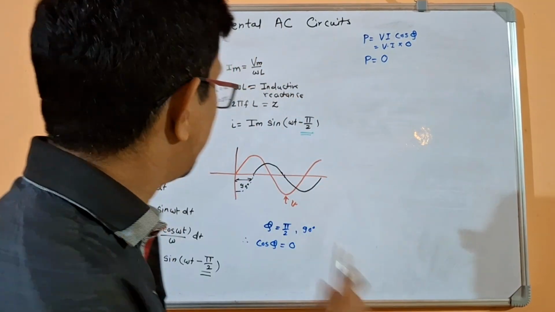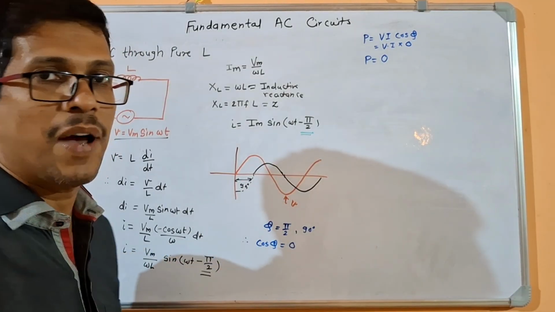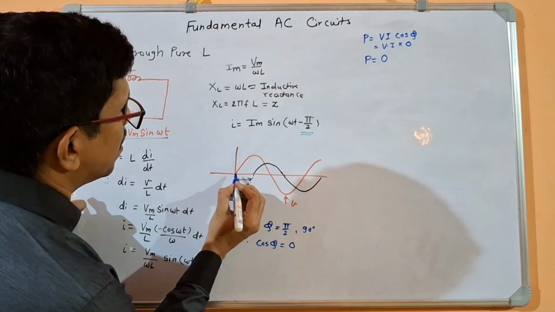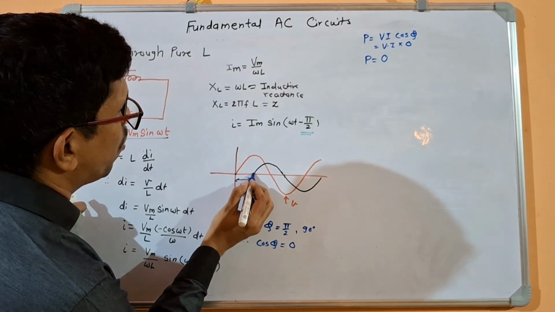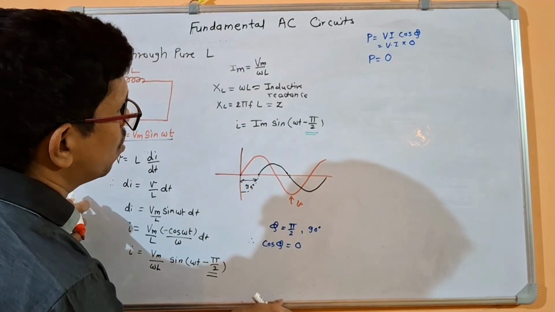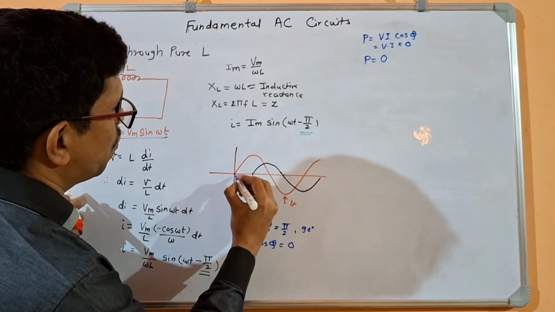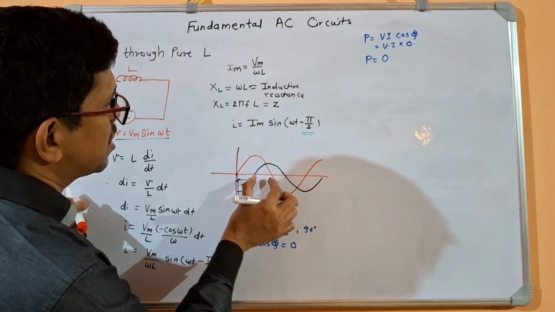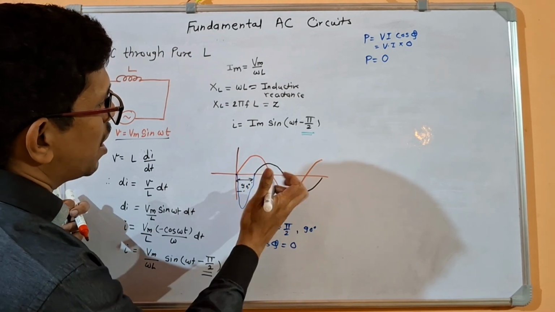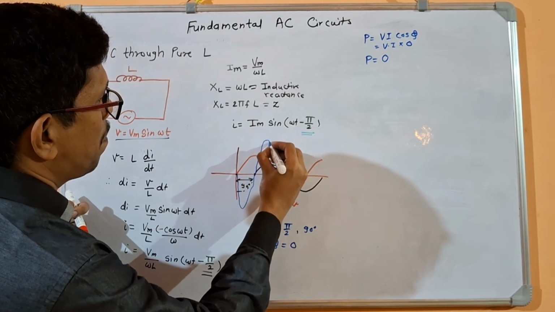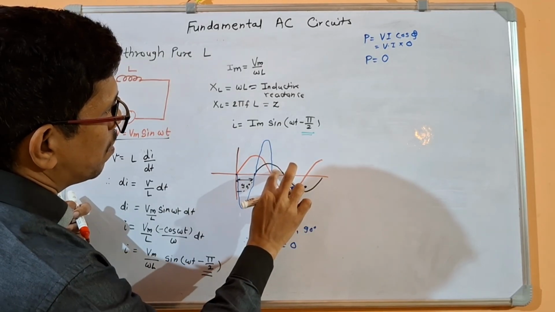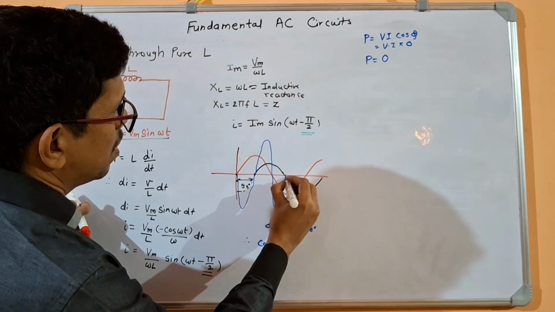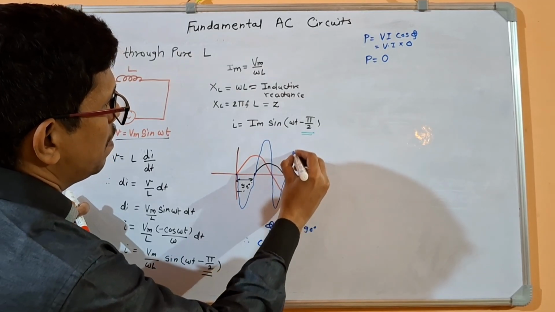Okay, so what happens, we'll see here using the graph or this waveform. See, for this part, from this point to this point, current is negative, voltage is positive, and therefore your power waveform will be negative. For this quarter, both are positive, so the power waveform will be positive. Here current is positive, voltage negative, so the power waveform is negative. Both are negative, power will be positive.